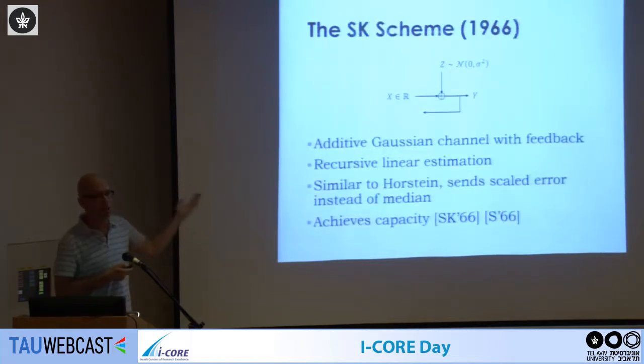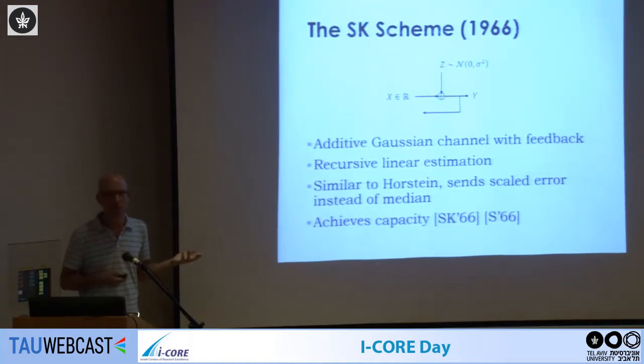Let me just mention another scheme. I'm not going to discuss it, but 3 years later, people came up with a different scheme for the Gaussian channel. It's a richer channel: the input is a real number, then some Gaussian noise is added to it to obtain the output, and there's noiseless feedback. It turns out that you could come up with a very simple recursive linear estimation scheme that attains the capacity of this channel.